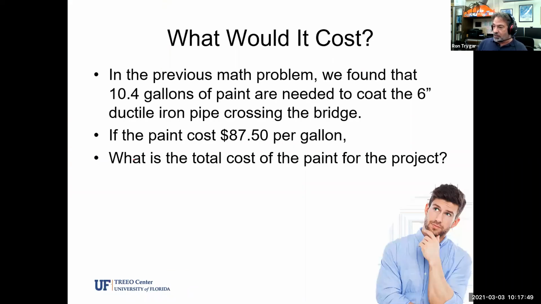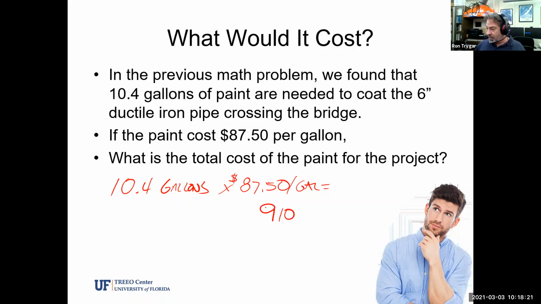We're going to take the 10.4 gallons, and we know the cost is $87.50, that's dollars per gallon. Then our answer will be 10.4 times 87.50. I came up with $910 for the project. So just under $1,000 for the project.